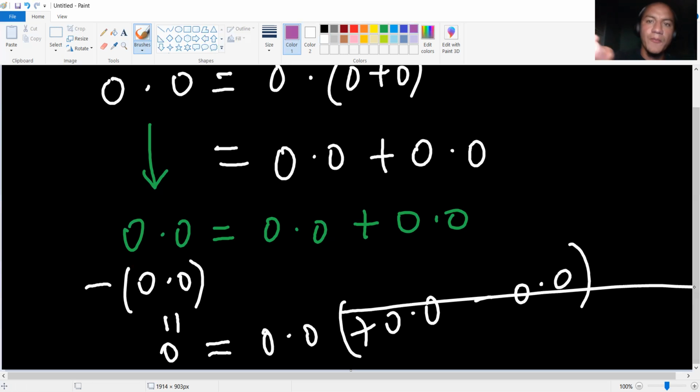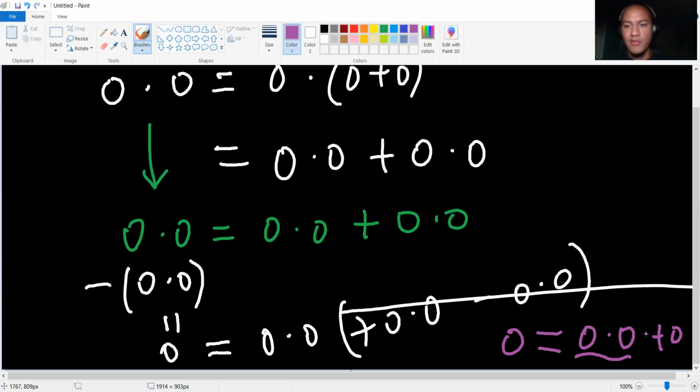Finally, in purple, we get 0 equals 0 times 0 plus 0. But anything plus 0 is anything. So this plus 0 is the same thing as the underlined. And therefore, 0 equals 0 times 0, which is what we wanted to prove.